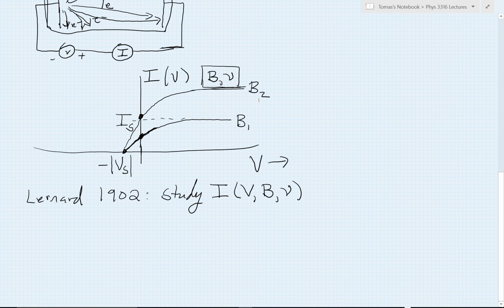So, just to summarize his result, if you want to be mathematical about it, it's doing something called a scaling law. And what that scaling law is doing is it tells us how we can relate the current as a function of voltage. But now I'm not going to be measuring that current at a simple voltage V. What I'm going to be doing is I'm going to actually change the brightness.